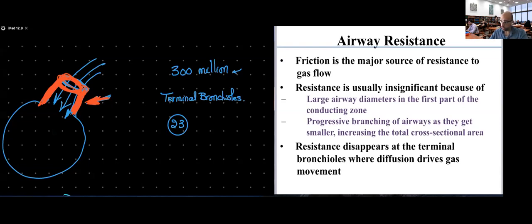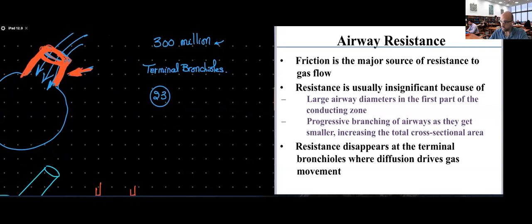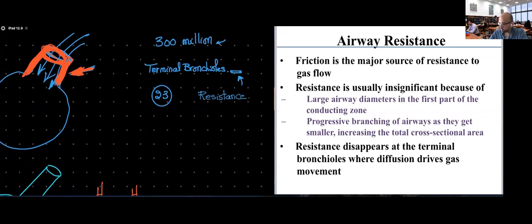All right, so this tells you what about the terminal bronchioles? That they have a very, very small diameter. And having this very small diameter of the terminal bronchioles, what do you think is going to be its effect in terms of resistance? Do you remember, if I have a large diameter, would I have higher or lower resistance compared to if I have a smaller diameter?